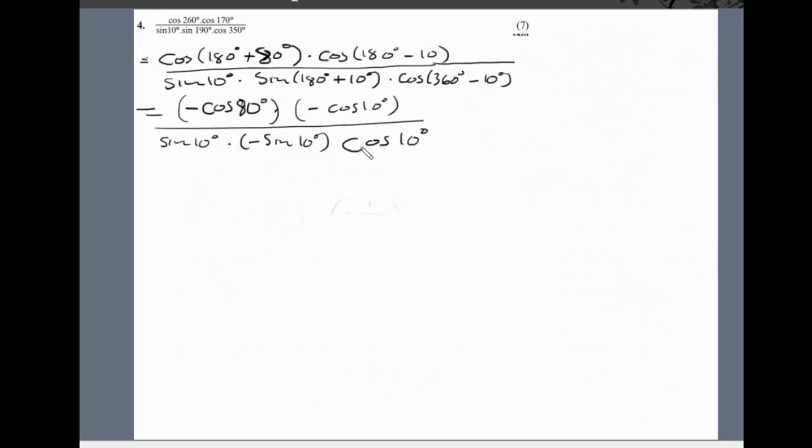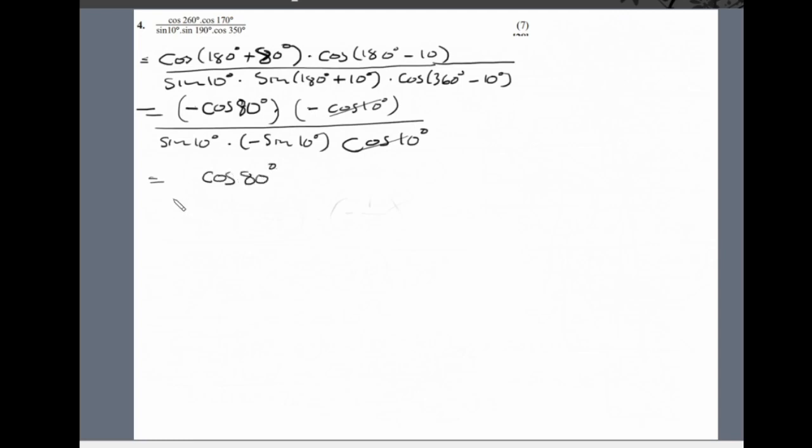Okay, so minus cos 10 and cos 10 will give us minus 1. Okay, and then minus 1 times minus 1 here will give us positive, so in the numerator we remain with cos 80.